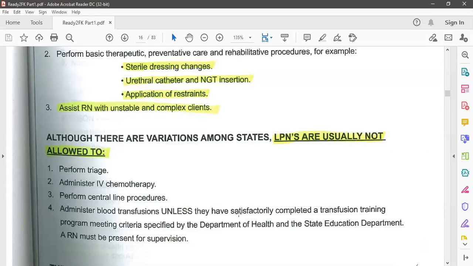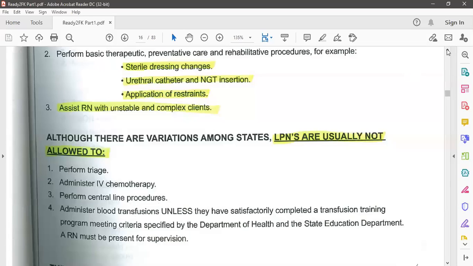Unless they have satisfactorily completed a transfusion training program meeting the criteria specified by the Department of Health and State Education Department. The RN must be present for supervision. So under supervision, a specially trained LPN can do this. But basically, blood transfusion is not done by the LPN.